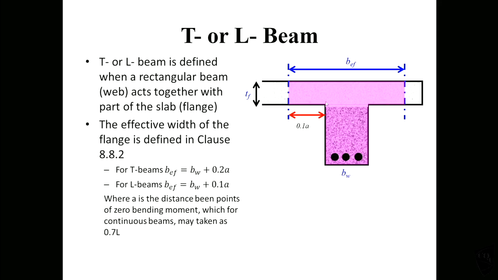If you have T beams, it is 0.2A, so this is 0.1A on both sides. So for T beams, it's 0.2A plus BW. If it is an L beam, we have only one side, so that is only 0.1A.